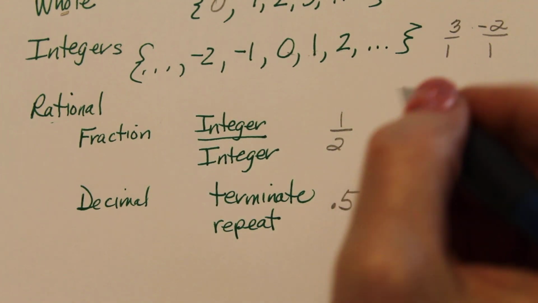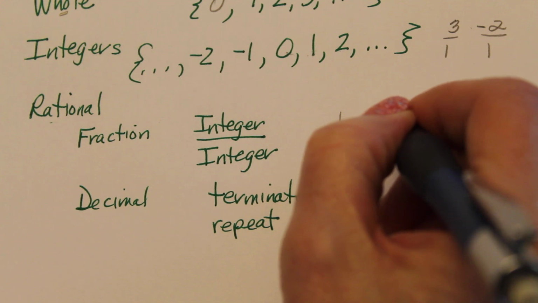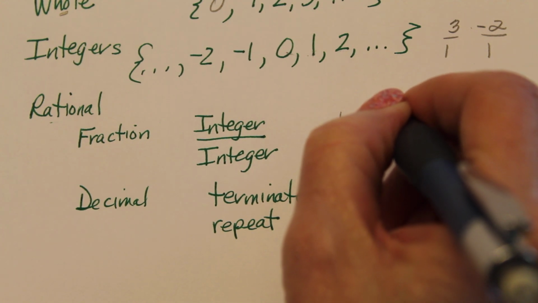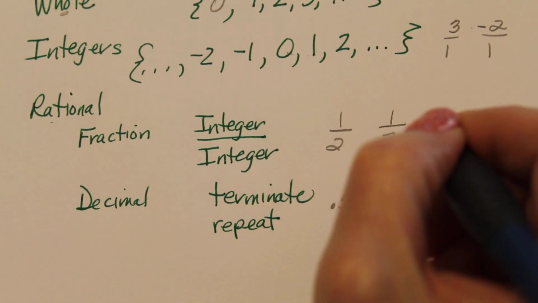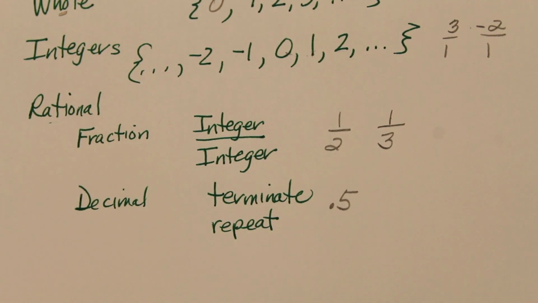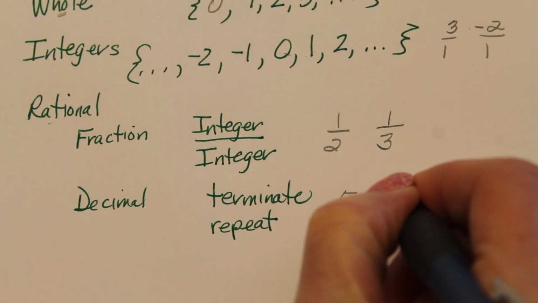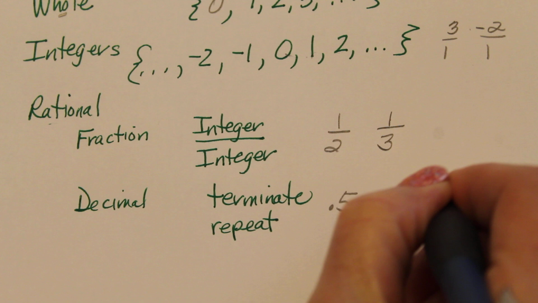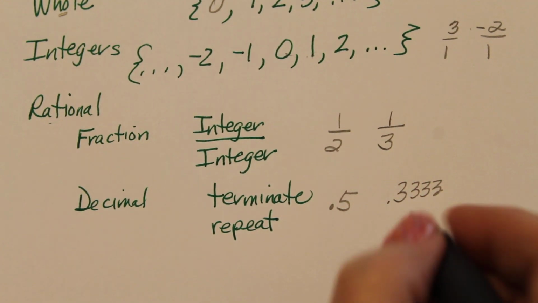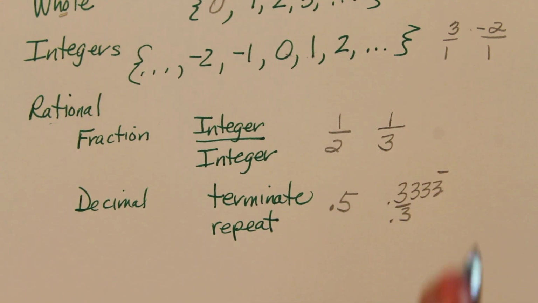Let's have another example here of a fraction. Let's say that we had 1/3. Also a rational expression because there's an integer in the numerator and an integer in the denominator. But if we were to write that as a decimal, it's 0.33333. That 3 is repeating.